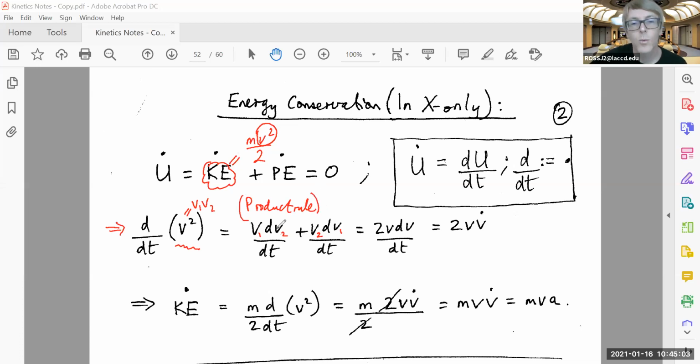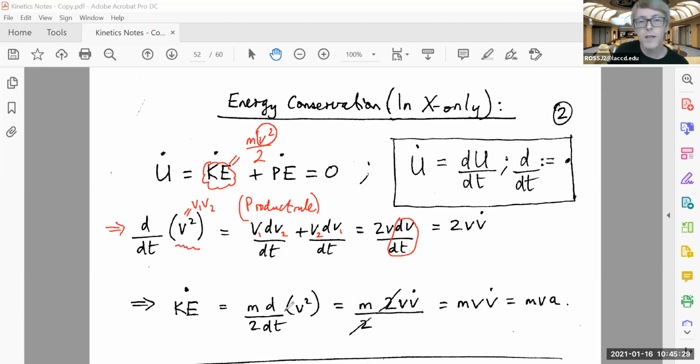And now you can see that we just have 2 copies of the same thing. So we have 2 multiples of V dV because V1 and V2 are the same thing. We notice that dV by dt we can write as V dot, because we are summarizing the d by dt with a dot. So we've got 2V V dot. Okay.